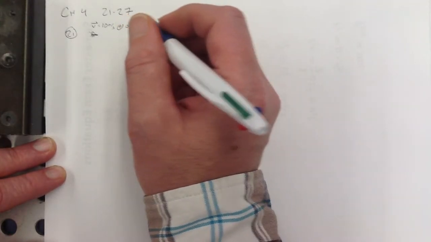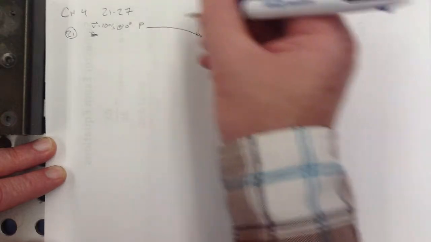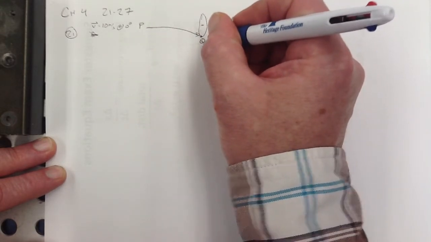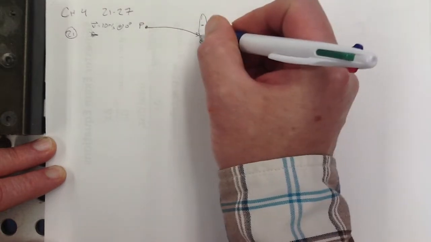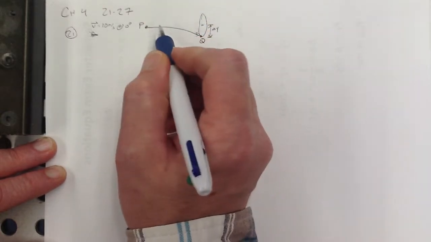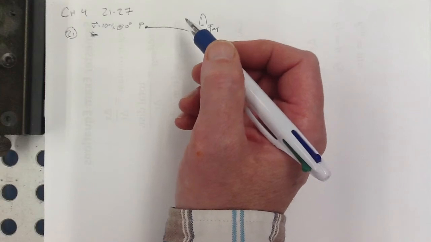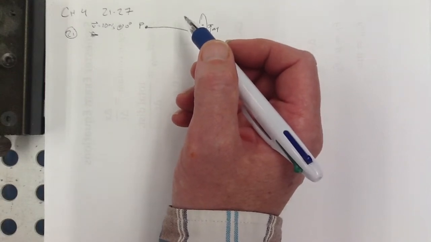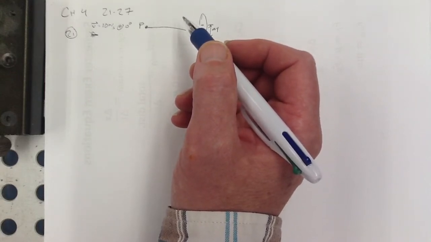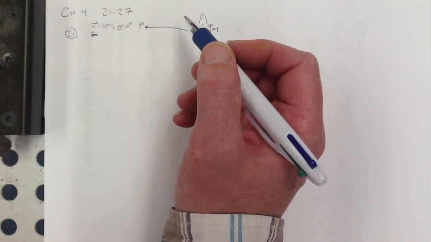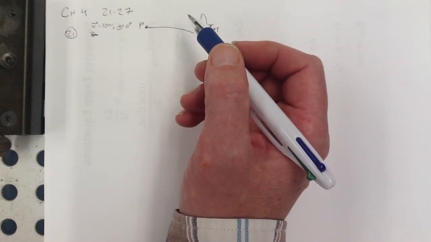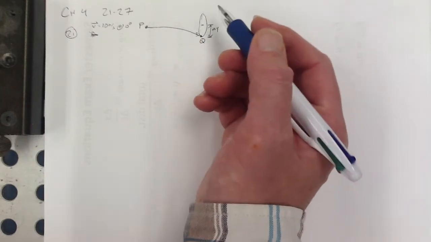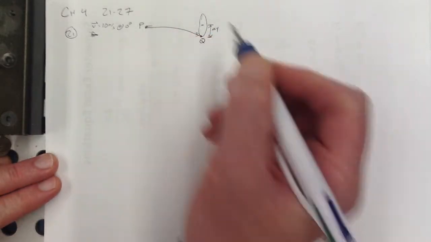So they want to know what is the distance from the point where it was thrown to this point here. So do we know how far away we are from the board? No, that's one of the things we need to find. All right, so I guess that's pretty easy.